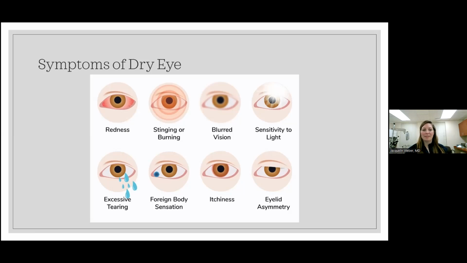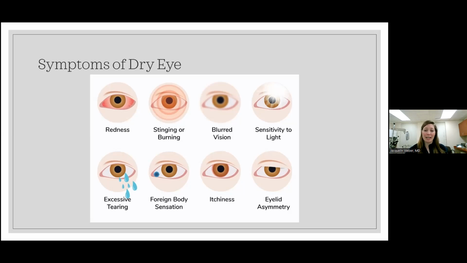Another common symptom is stinging or burning. Patients feel like the eyes are constantly having pain and irritation, burning, feeling like they can't get enough lubrication to keep the eyes wet. That's a common symptom, as well as blurry vision or vision that's fluctuating throughout the day.